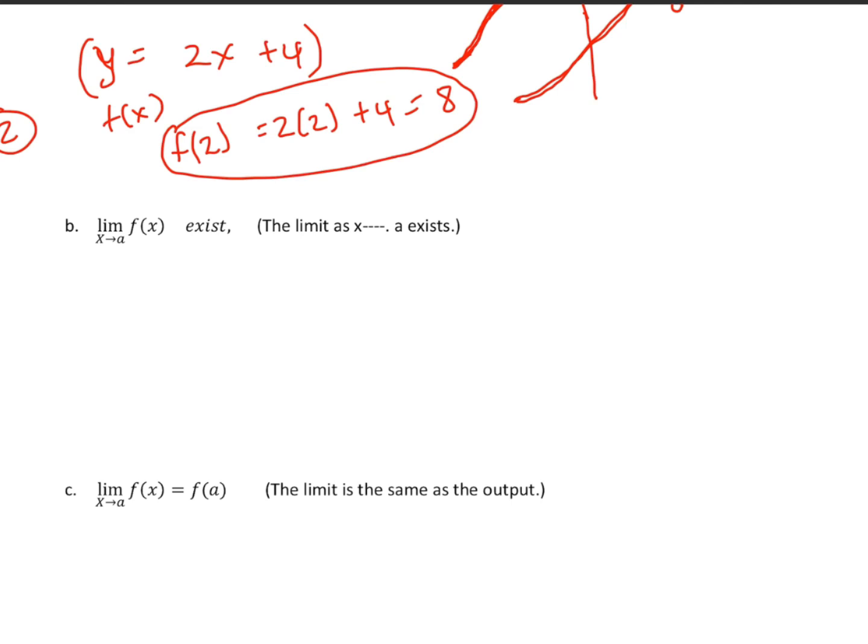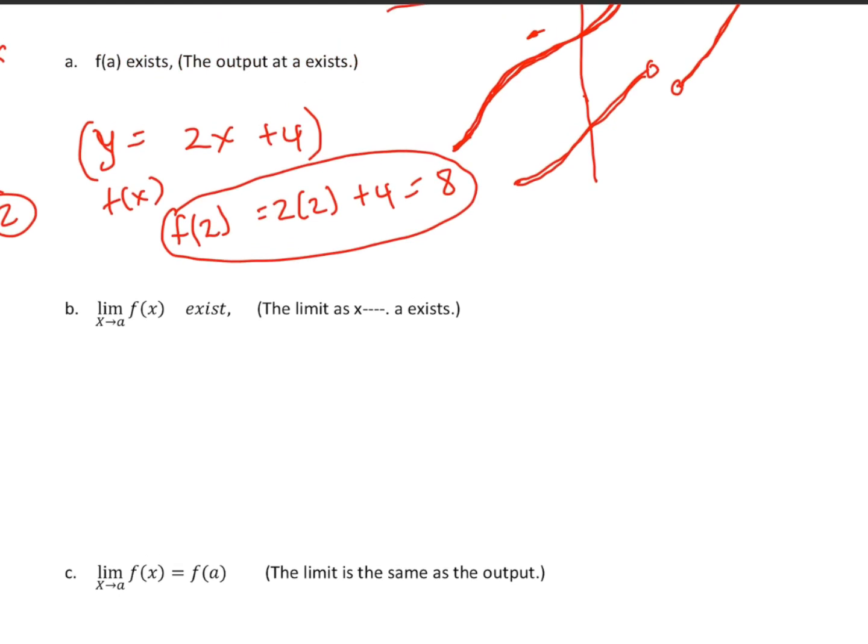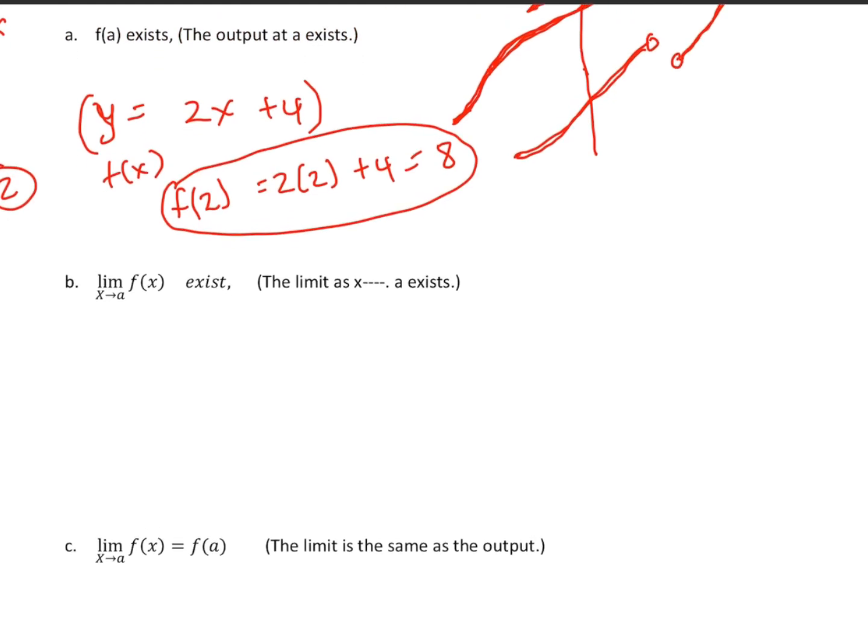The second condition is that the limit of that particular function must also exist. If the function is f of x equal to 2x plus 4, and you are finding the limit as x approaches 2, you can do the neighborhood analysis and see the number that it is approaching.